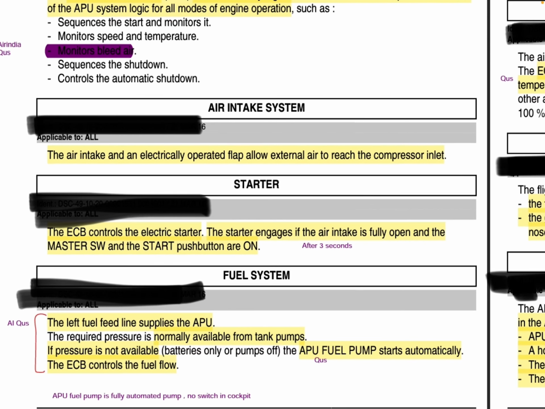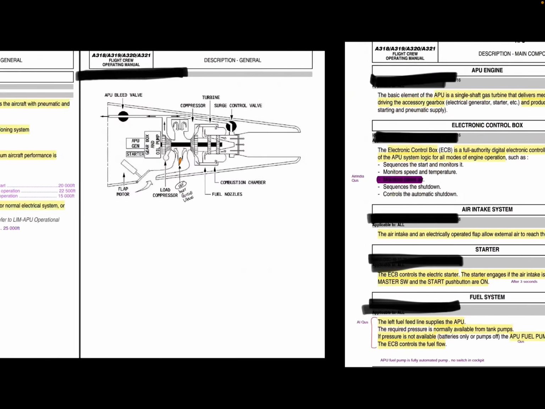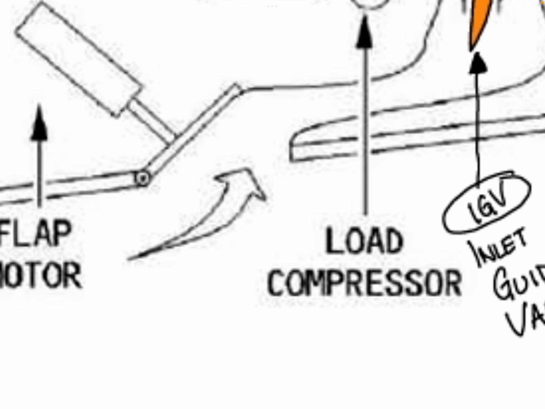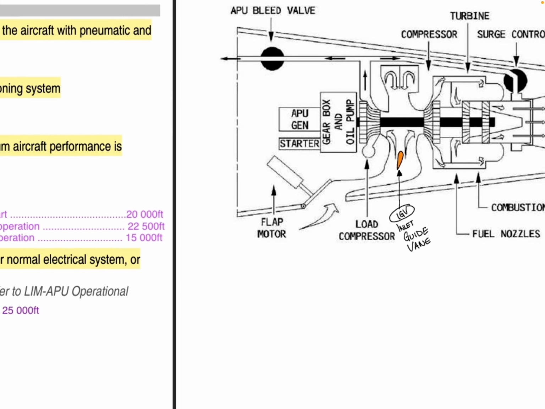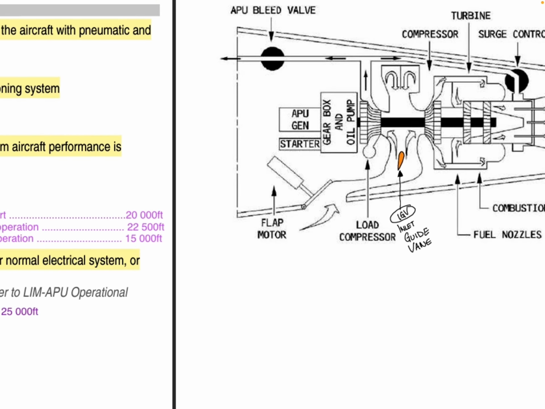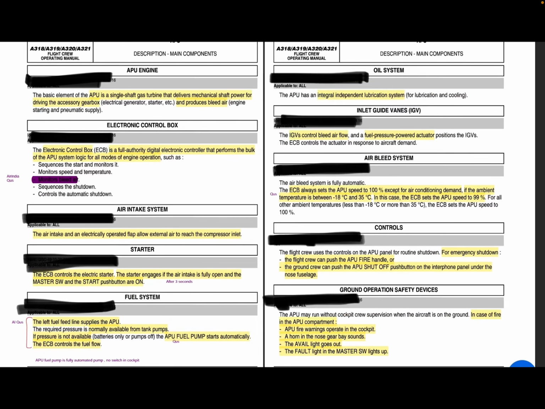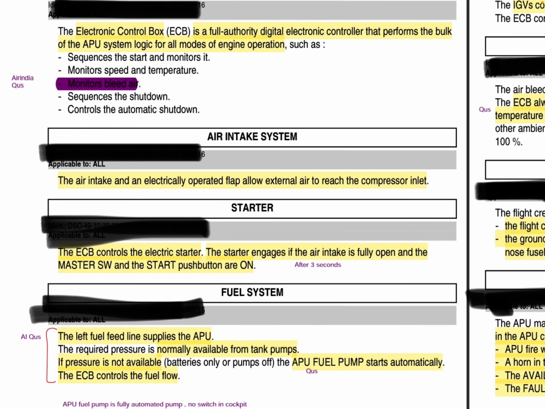Now, air intake system. This is air intake system. We have a flap motor which opens and closes this gate. The air intake and an electrically operated flap allows external air to reach the compressor inlet, obviously.